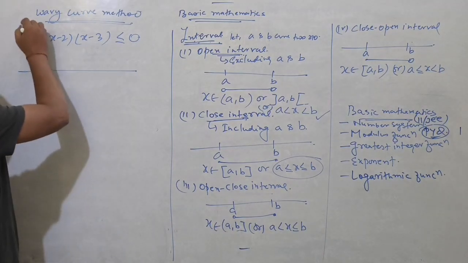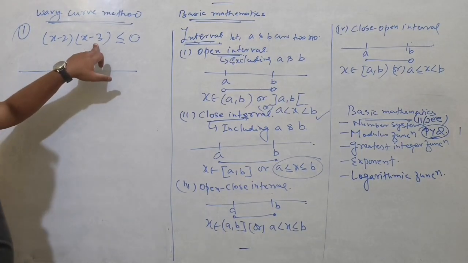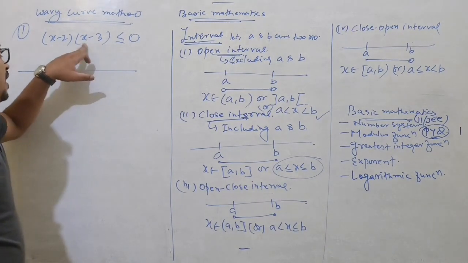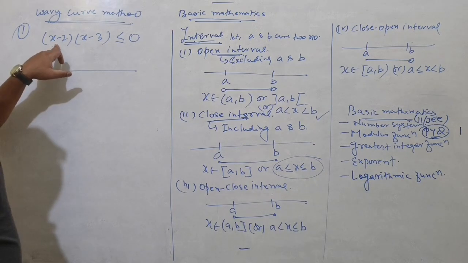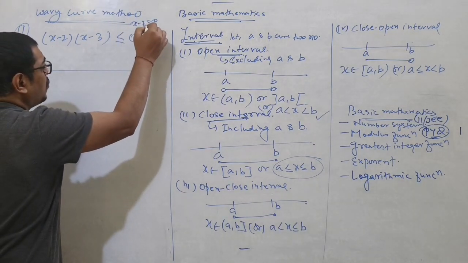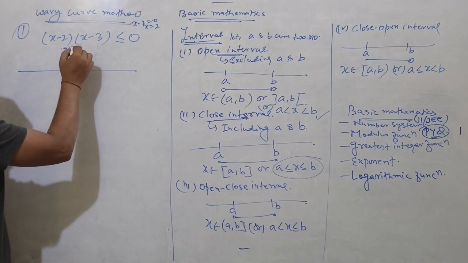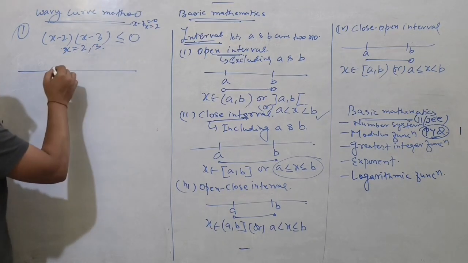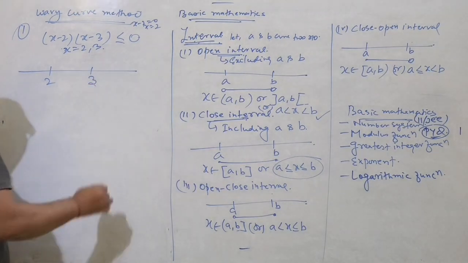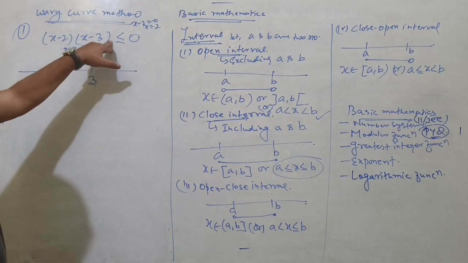This is just the starting of this question. x minus 2 and x minus 3. How do you find roots? x minus 2 equal to 0, so x equals 2. So the roots are 2 and 3.